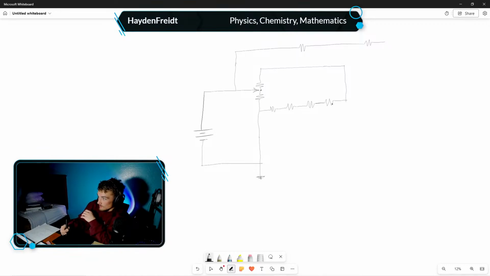Now, this too is a voltage dividing circuit, which is in series with this potentiometer, which is a variable resistor. When I vary the resistance of the potentiometer, it's going to vary the voltage across this entire circuit, and so I'm going to be varying the voltages across each resistor.